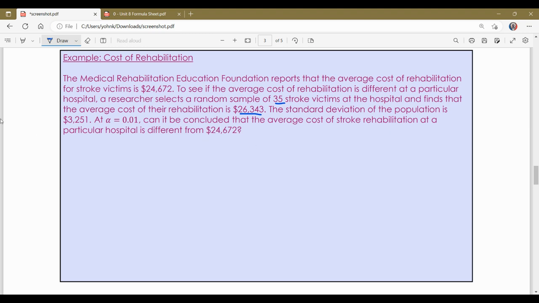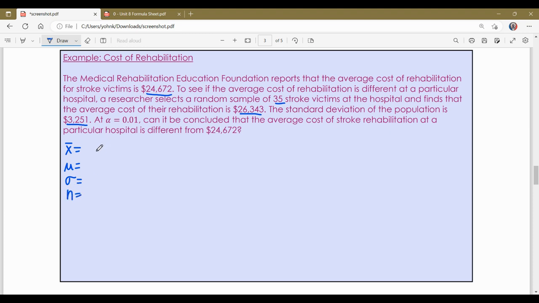The standard deviation of the population is $3,251. At alpha equals 0.01, can it be concluded that the average cost of stroke rehabilitation at a particular hospital is different from $24,672? All right, so we have x bar, mu, sigma, and n.